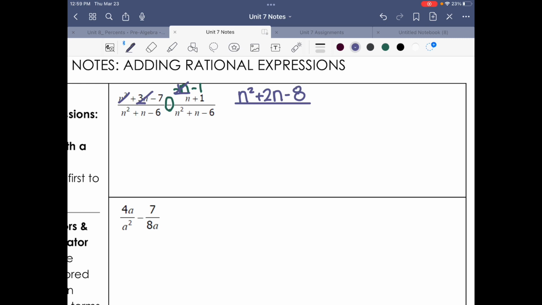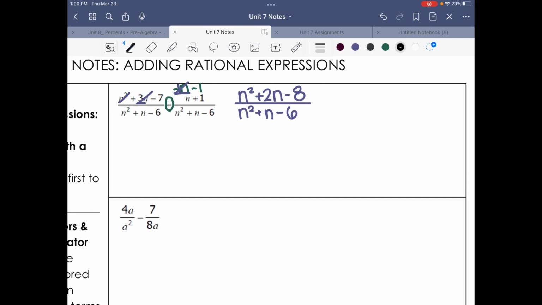The bottom, however, stays the exact same. When you are adding fractions, 2/3 plus 4/3 is 6/3. So you don't change the units of the fraction, which is the denominator. You keep it the same.